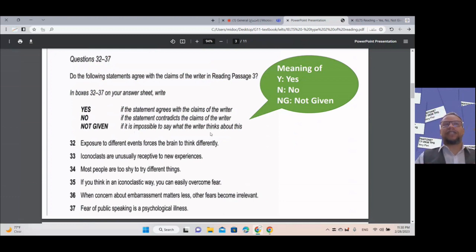So again, yes, no, not given is about opinions. But if I have true, false, not given, it means facts. We'll see that in the questions.